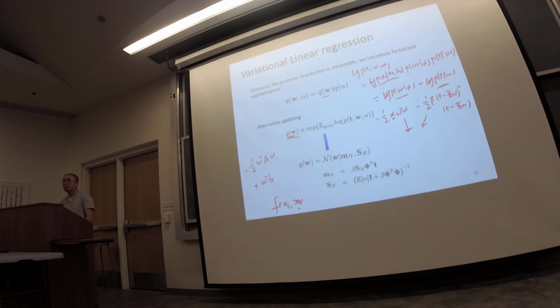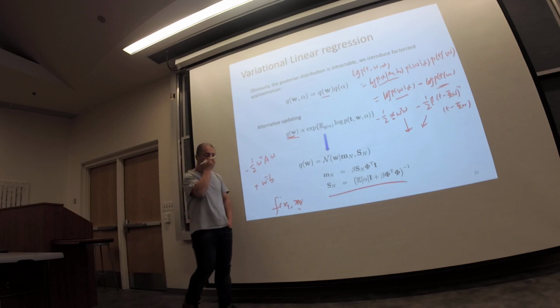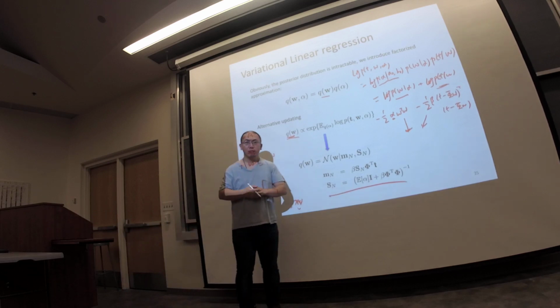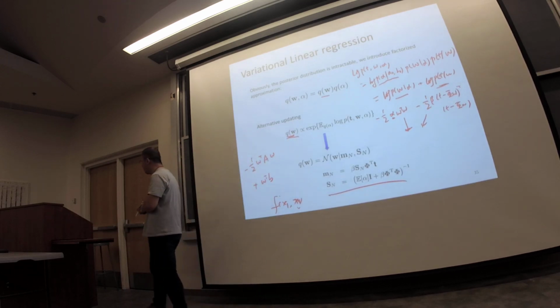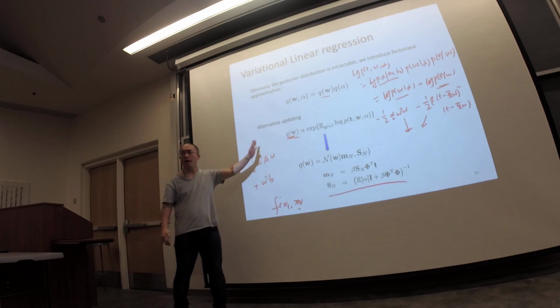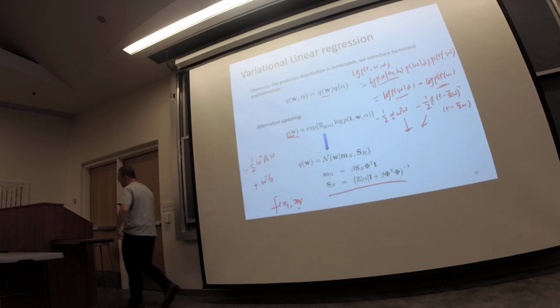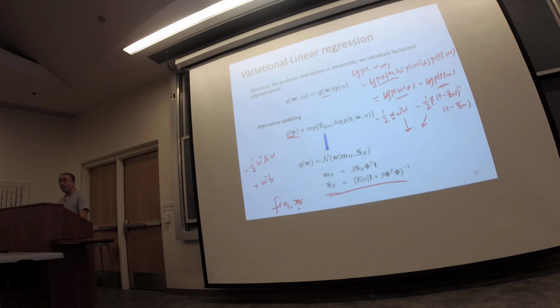It's the same idea. Actually, these updates are essentially calculating the natural gradient of the evidence lower bound and setting the natural gradient to be 0. You will end up with the same update. I'm not going to show the details about that, but just to show you how you do this alternative optimal update.